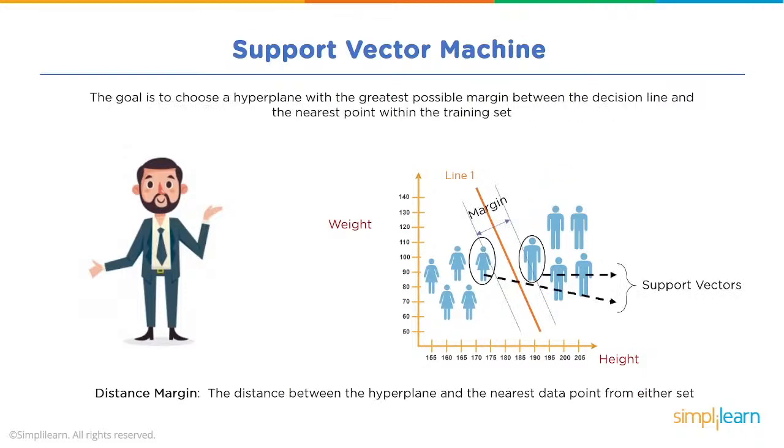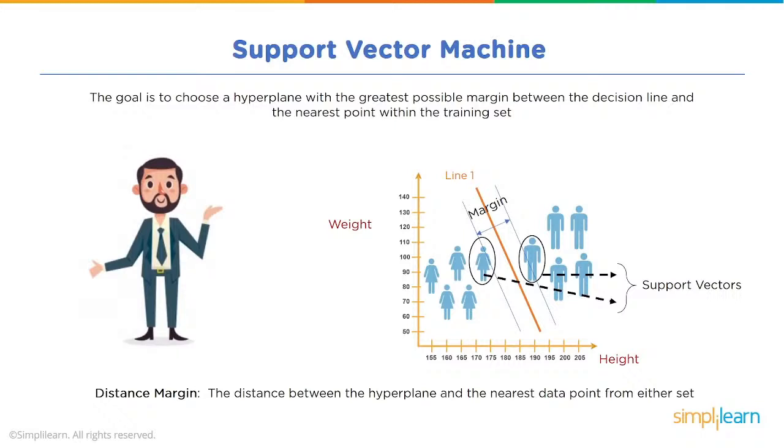The goal is to choose a hyperplane, and that is one of the key words they use when we talk about support vector machines. Choose a hyperplane with the greatest possible margin between the decision line and the nearest point within the training set. So you can see here we have our support vector, we have the 2 nearest points to it, and we draw a line between those 2 points.